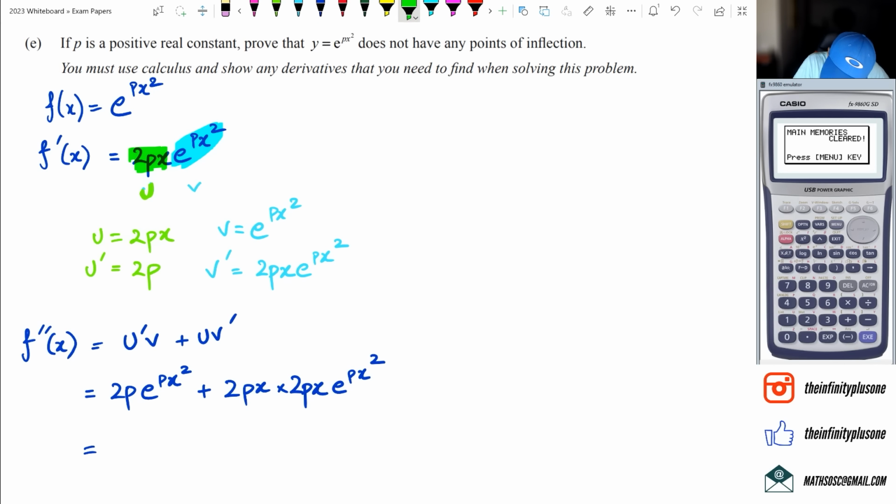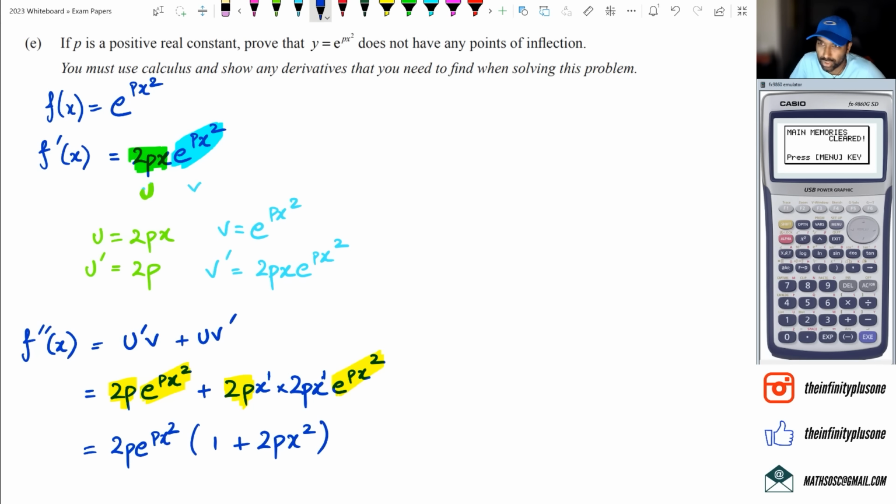All of this has 2p as a common factor, and I also have e to the power of px squared as a common factor. So I could take out 2p e to the power of px squared, and inside the bracket I'm going to get 1 plus 2px squared, because remember that you've got x there, and then you've got another x there, so those two things are going to multiply to 2px squared. Okay, so this is our f double dash of x.